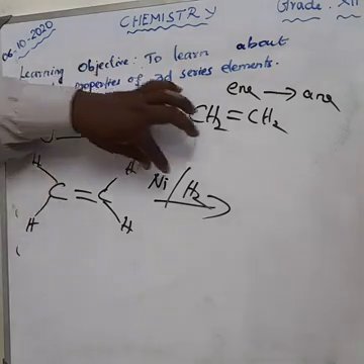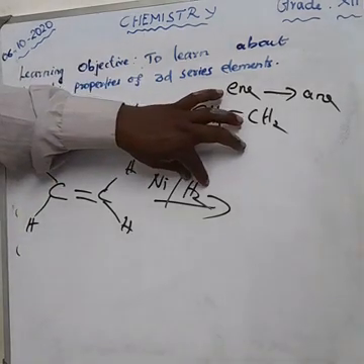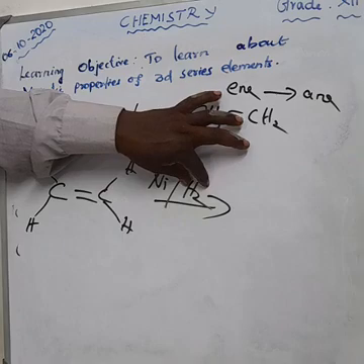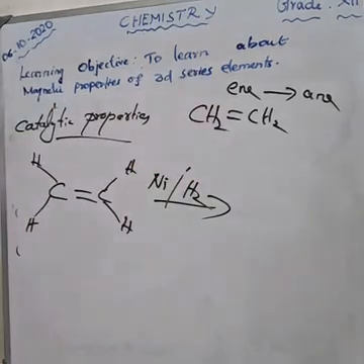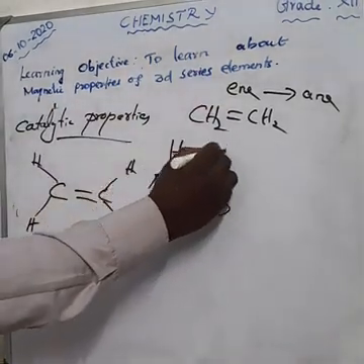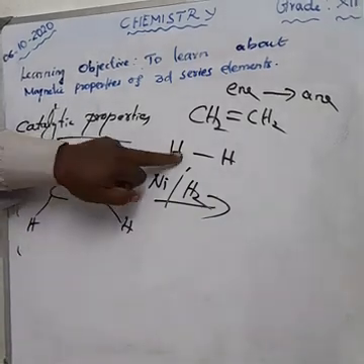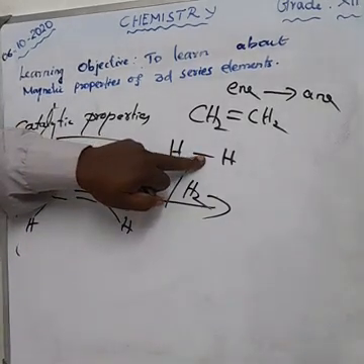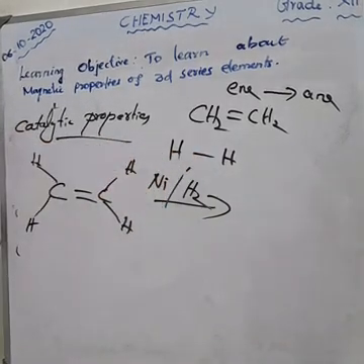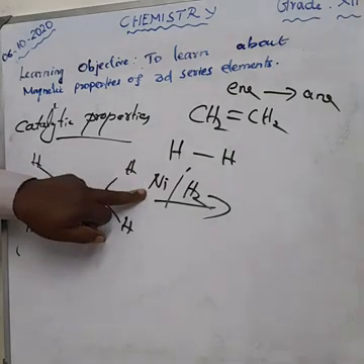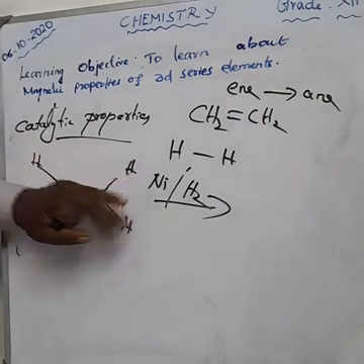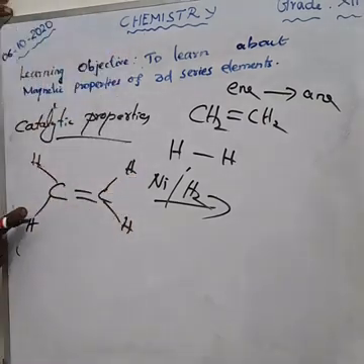The hydrogen has a sigma bond. Am I right? The sigma bond of the hydrogen molecule breaks. So the hydrogen breaks to form a bond with the d electrons of this nickel catalyst. The two hydrogen atoms then partially bond with the alkene.